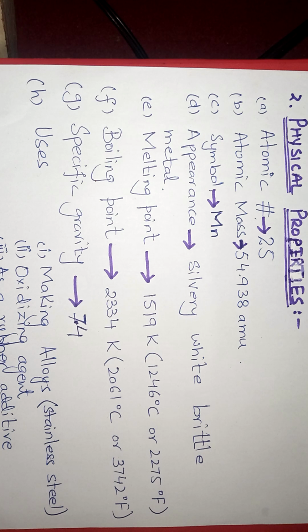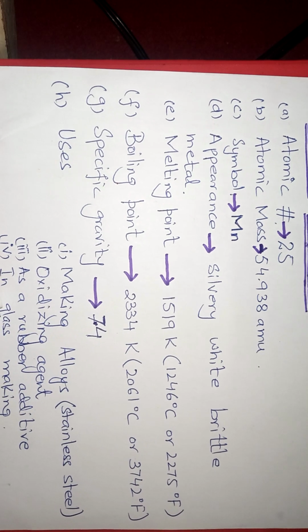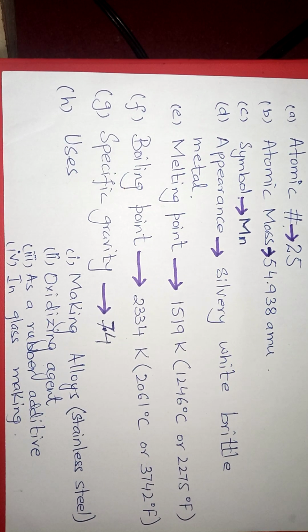Its oxides are used as oxidizing agents, as a rubber additive, and in glass making industries. In addition, manganese oxides are also used as fertilizers and in ceramics as well.